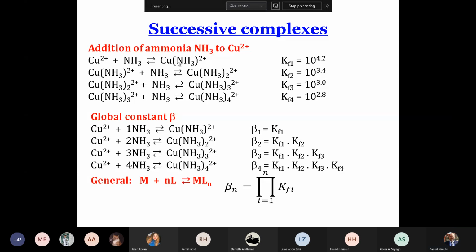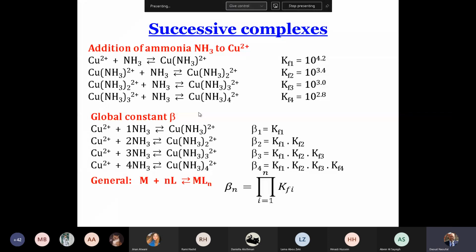Then Cu(NH3) 2 plus can add another ammonia to give Cu(NH3)2 2 plus. Cu(NH3)2 2 plus plus NH3 gives Cu(NH3)3 2 plus, and at the end Cu(NH3)3 2 plus plus NH3 gives Cu(NH3)4 2 plus. How did I know this sequence? In the data are given 4 complexes.